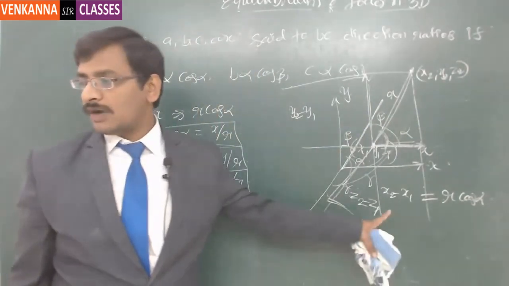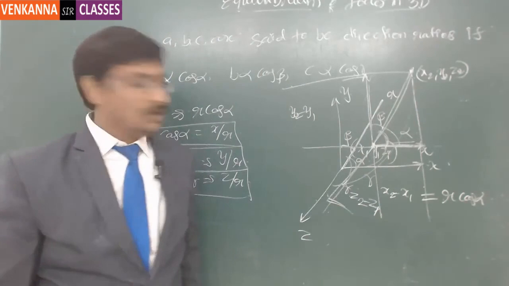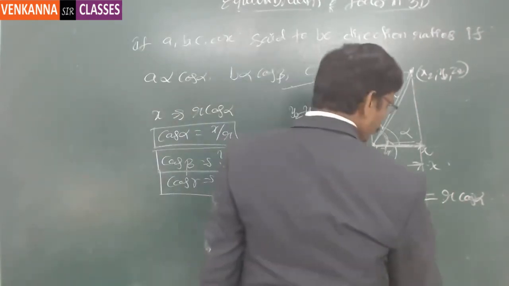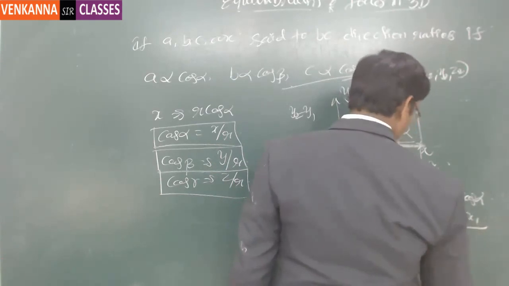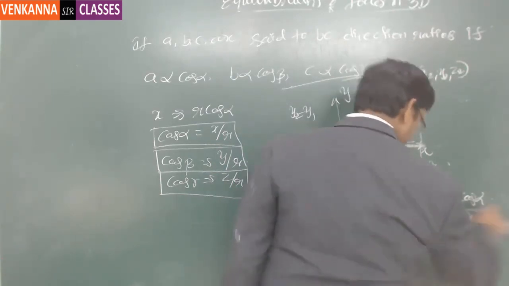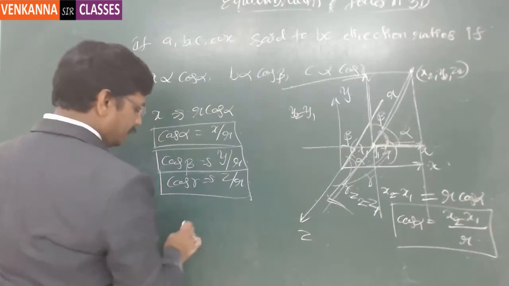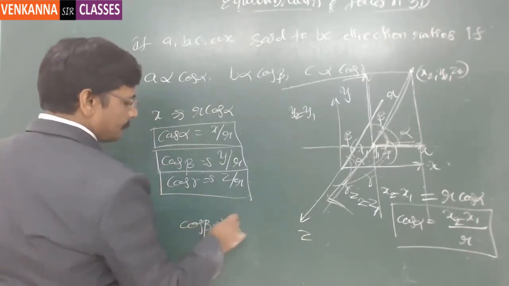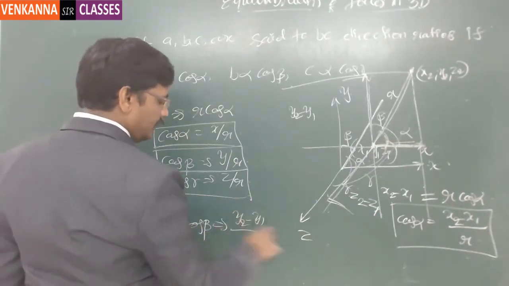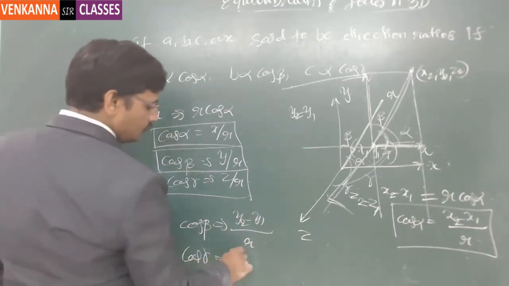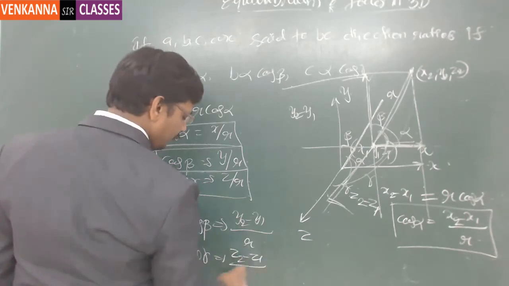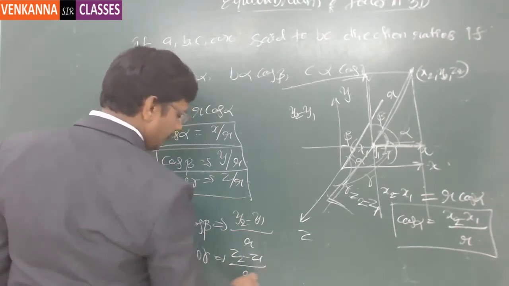So r cos alpha is nothing but x2 minus x1, or cos alpha equals x2 minus x1 divided by r. Similarly, cos beta equals y2 minus y1 divided by r, and cos gamma is equal to z2 minus z1 divided by r.